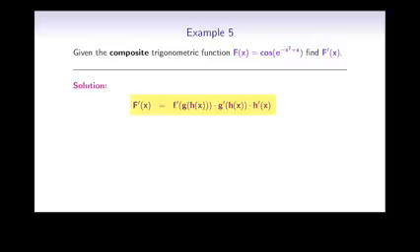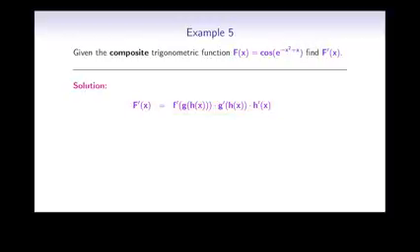Recall that the chain rule for the composition of three functions states that F prime of x is equal to little f prime of g of h of x times g prime of h of x times h prime of x.